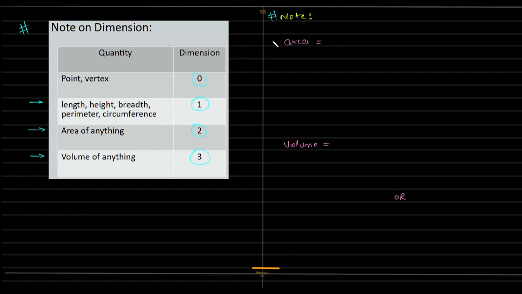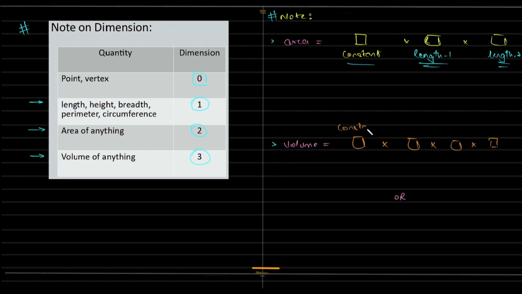There is a small note again regarding area and volume. Area always looks in this format. It is a multiplication of a constant into some kind of length into another length. So always remember, area always has to do with a multiplication of a constant into length into length. Again, we'll give examples and then understand better. I'm just giving you an introduction, so in time you'll understand this better. When it comes to volume, it's a constant into a length into a length into a length.